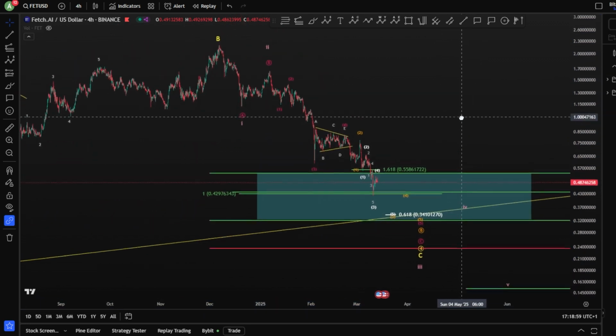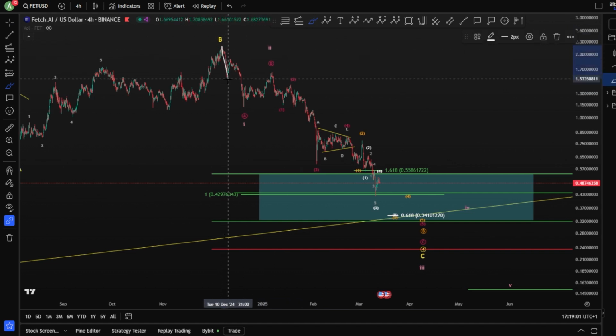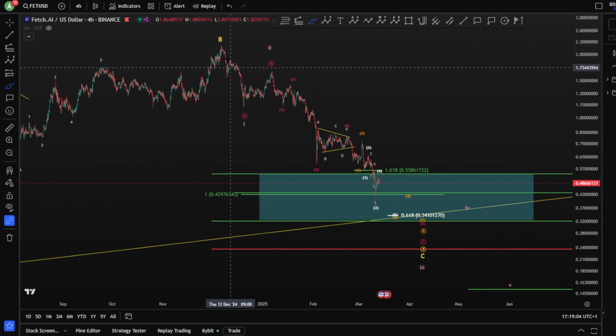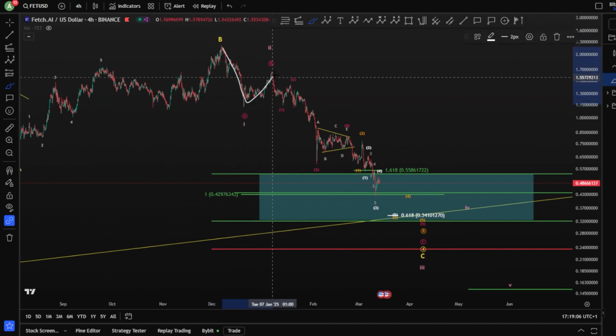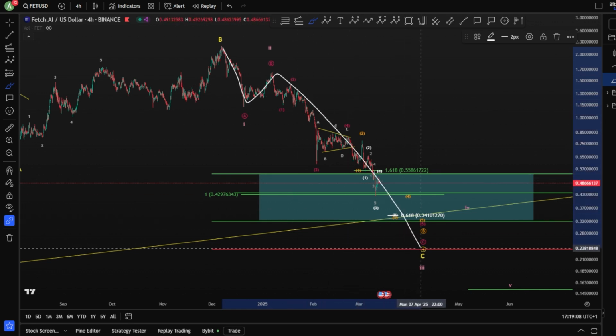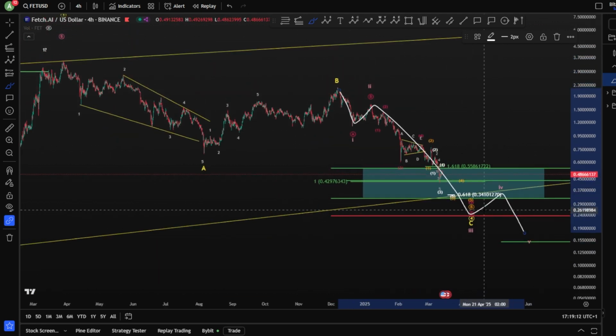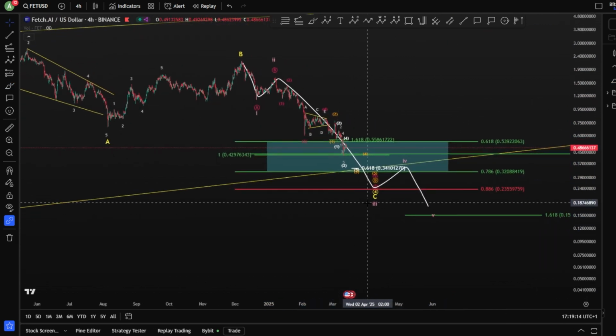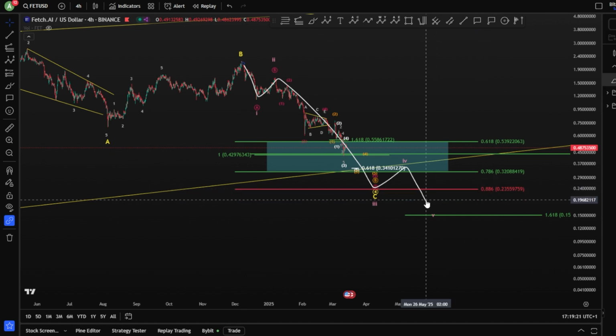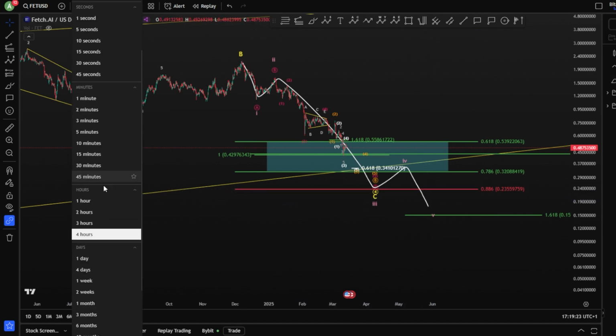By all means, if rather than 3 waves, which is the highest possibility, it is wave 1, 2, 3, 4, and a 5, meaning this 4-5 as a wave C, it's going to invalidate the double 1-2 scenario at 0.886. And of course, it is very, very low.